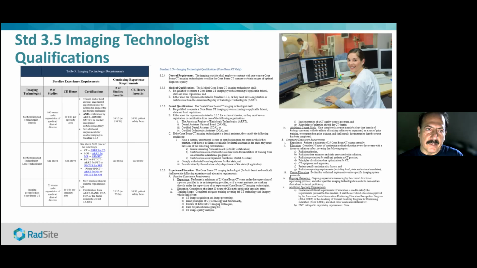And as Garry said, the requirement is not for a radiology technologist per se, but the requirements are fairly flexible and adaptable to individual practices to designate the technologist, under the assumption that the technologist has a certain amount of experience, has done a certain number of studies, and continues to get education with a focus on radiation safety and a focus on best practices for cone beam CT.